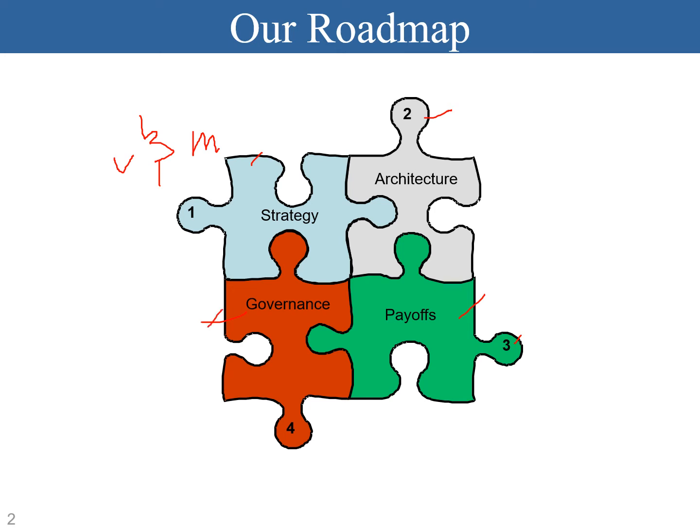So part 4. Part 4 is governance. What is governance? It is about a structure and process that enable an organization to make IT decisions. Why you need to learn this part?